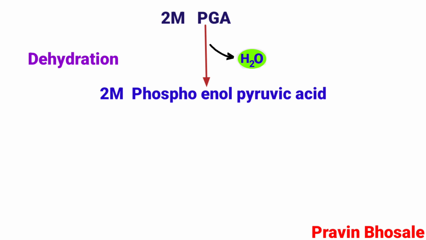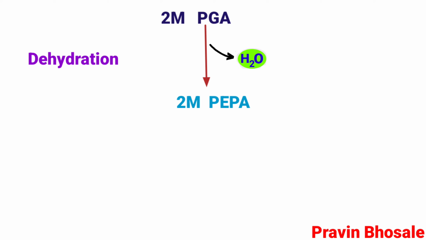Dehydration: 2-PGA undergoes dehydration and phosphoenol pyruvic acid or PEPA is formed. The enzyme here is enolase, which catalyzes the reaction in the presence of Mg as cofactor. A water molecule is released.